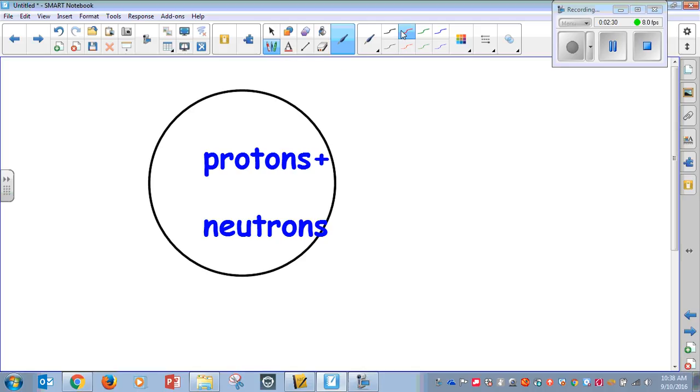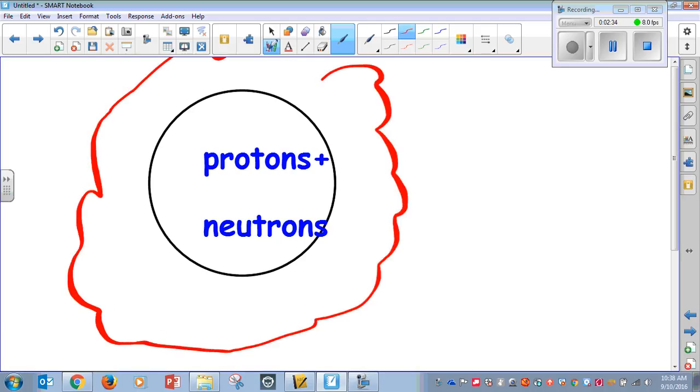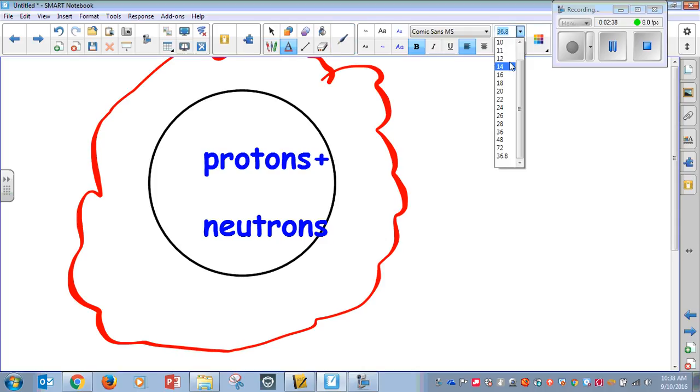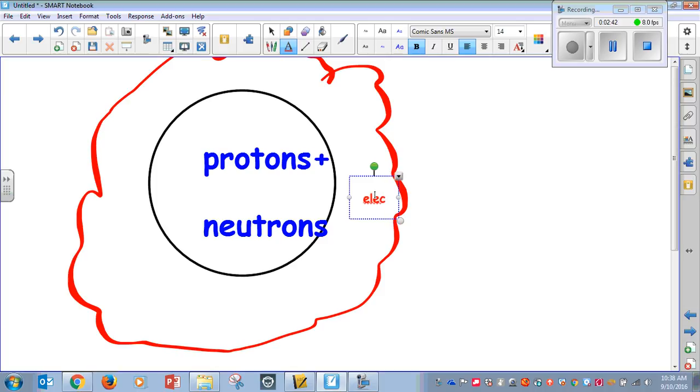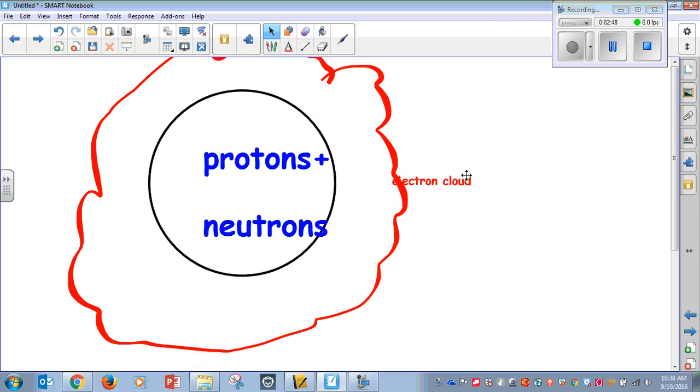Outside of the nucleus is what's called the electron cloud. And in the electron cloud, we have negatively charged particles called electrons.